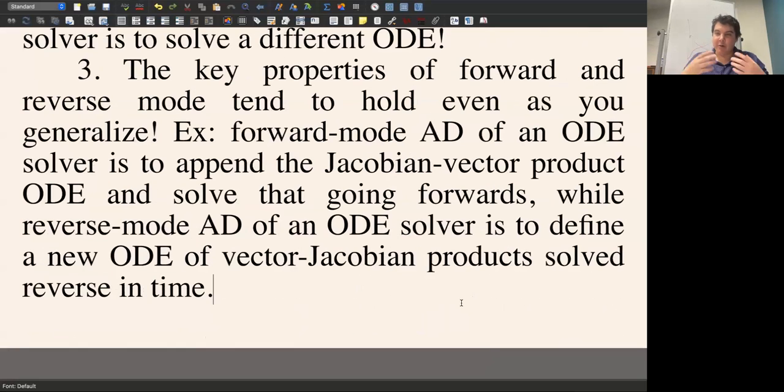So if you really get a feel for it, forward mode AD is always pushing forward Jacobian vector products, and reverse mode AD is always reversing with vector Jacobian products, right?